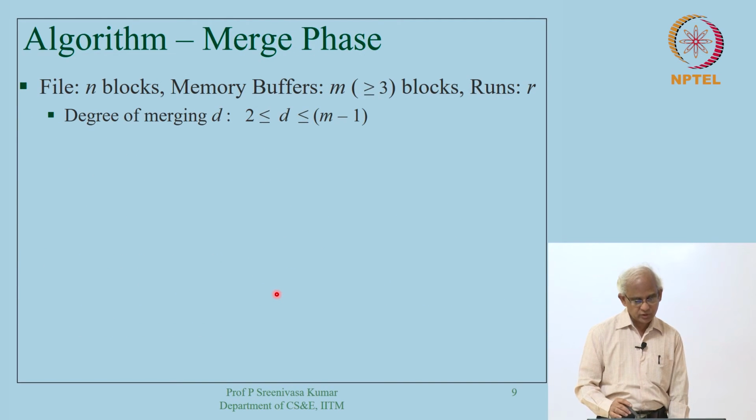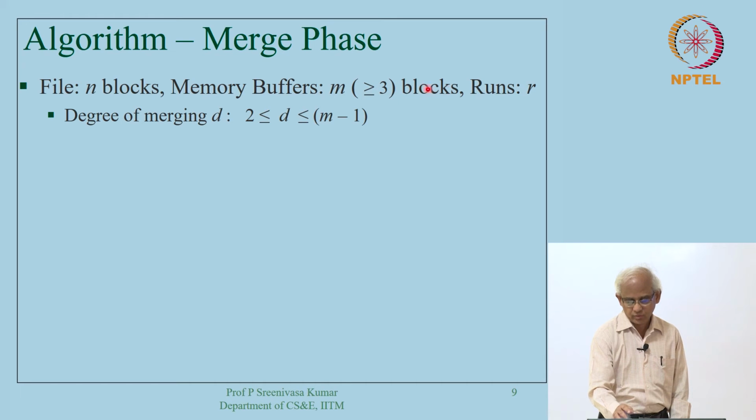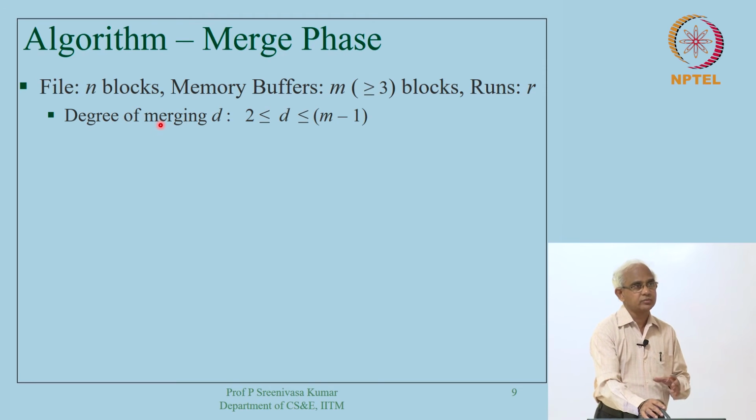So, let us focus on merge now. If the file has n number of blocks and the memory buffers are m, which is at least 3 blocks or so, and the number of runs is r, then in the in-memory case, we always merge two things and then produce one.